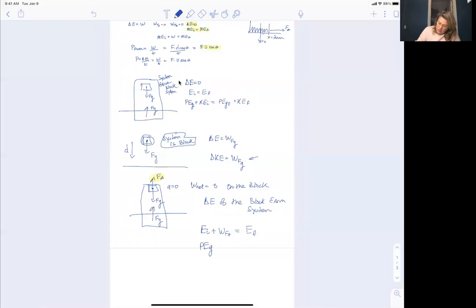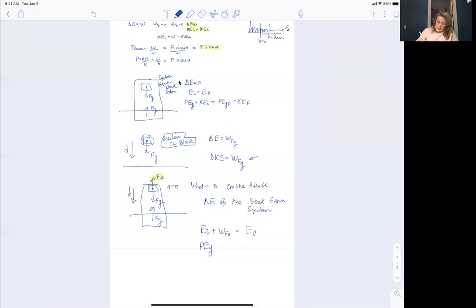And why is that decreasing? Because the force applied is upwards and I'm slowly dropping it downward, so the force applied is doing negative work, because the angle between the force applied and the displacement is 180, so that is negative work.